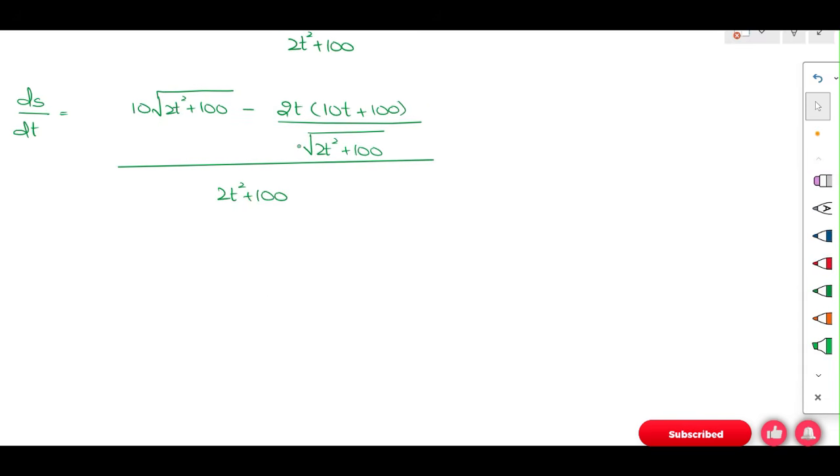Okay, let me simplify this further by cross multiplying. So this term is multiplying with this, so 100 root of 2t square plus 100.